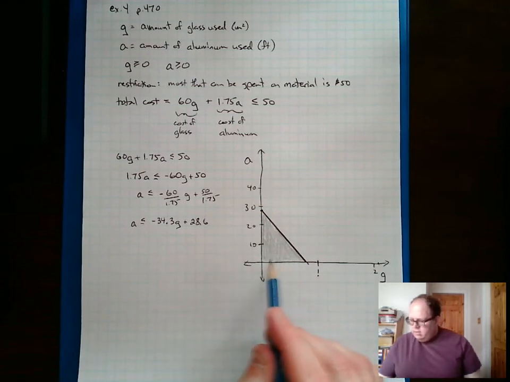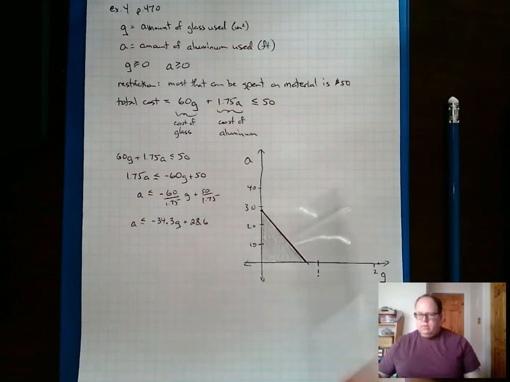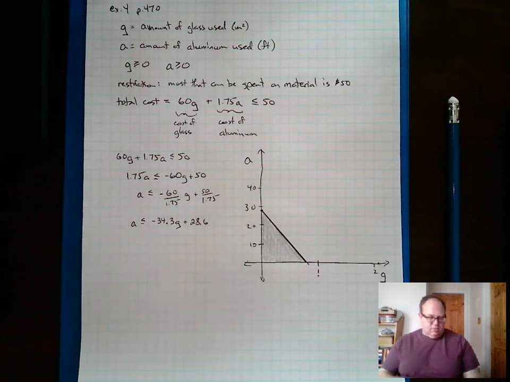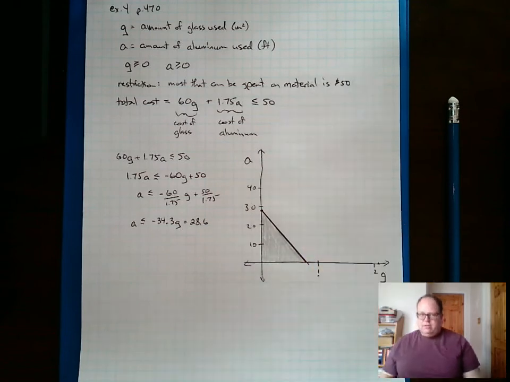Right, and there it is. So what this graph shows is all of the possible combinations of amount of glass and amount of aluminum that you could use to make this particular tabletop and keep your costs to less than or equal to $50.